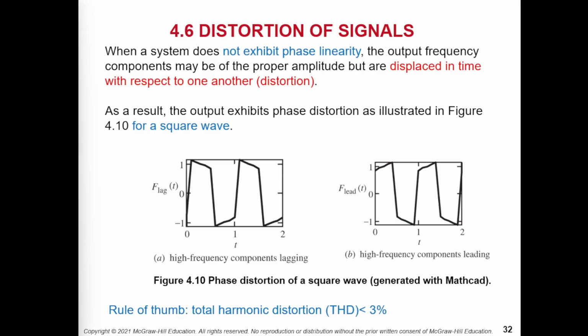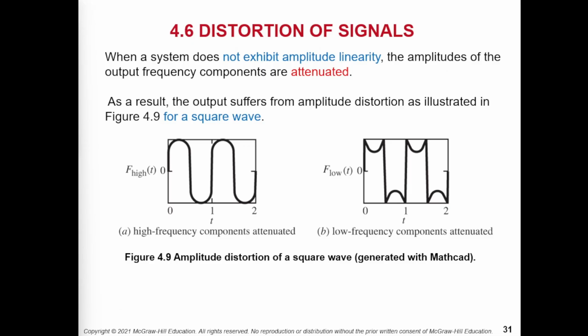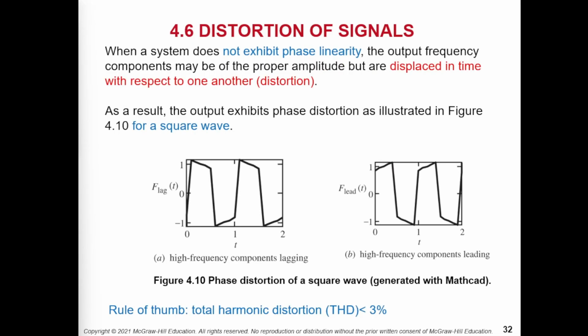This is how we define the linearity, either the magnitude linearity or the phase linearity of the signal. In the industry, we use 3% for this index, total harmonic distortion. This is a square wave, right? But in the industry, we use a sine wave as the reference, and this example in the textbook is a square wave.